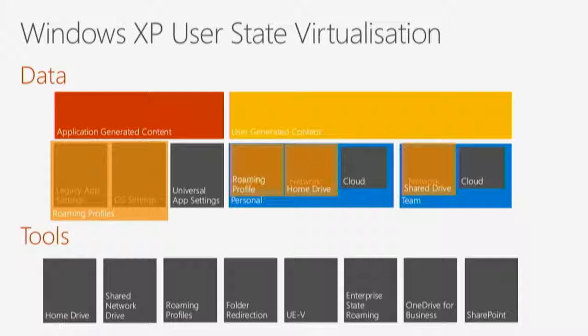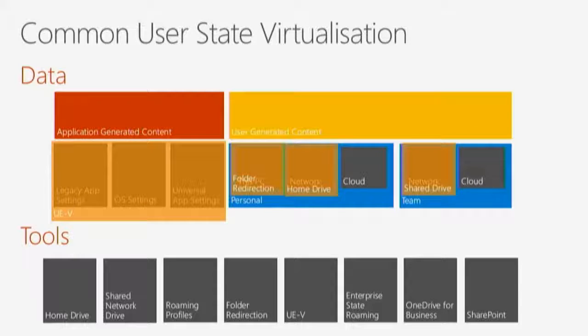And maybe you get to Windows 10 and that's exactly what you're still doing. Or maybe it's getting to common user state now, which is a bit of folder redirection, home drive, shared drive, and maybe you're an MDOP customer. I don't think you have to be an MDOP customer now to use UEV, but you use UEV to capture those application settings and those OS settings and those Windows settings. So maybe that's where you're at.